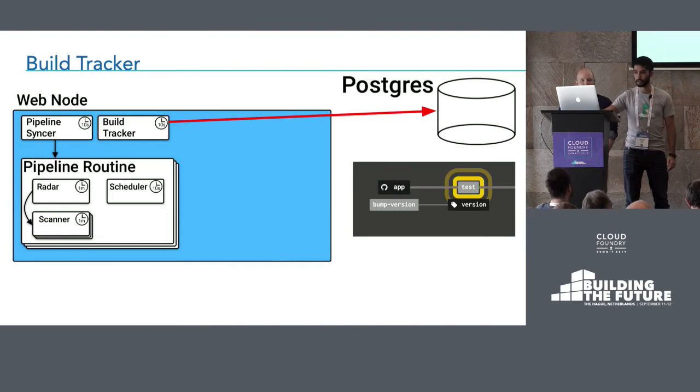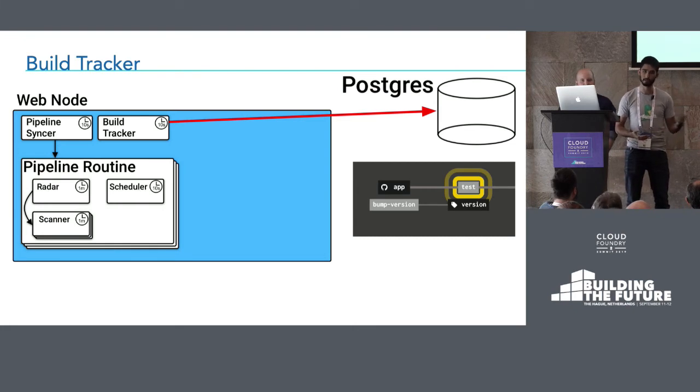So this is where the build tracker now comes in. Once whatever issue was resolved, whether it was networking or the web node came down and finally comes back up, the build tracker is able to start a new build routine. It does this by looking in the database for any orphan builds, because again, Concourse saves all state in the database.